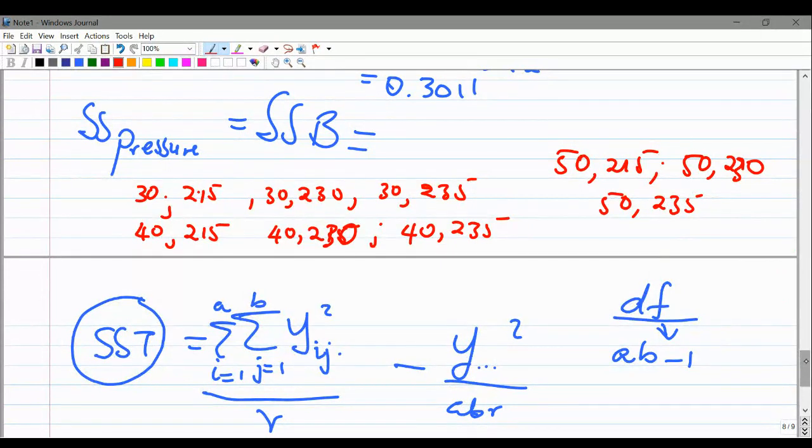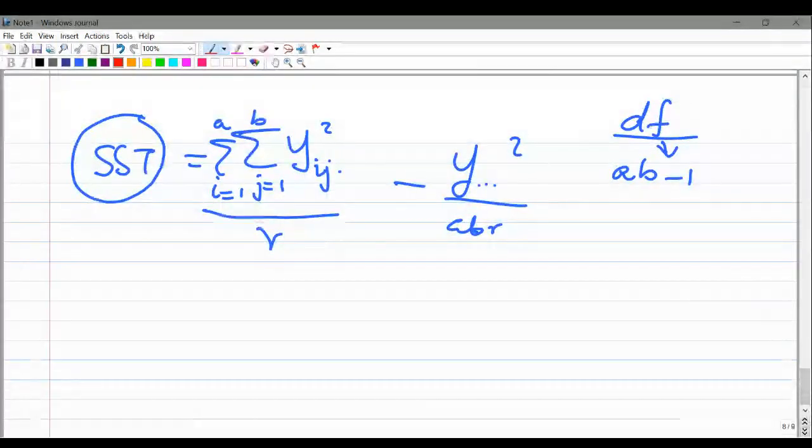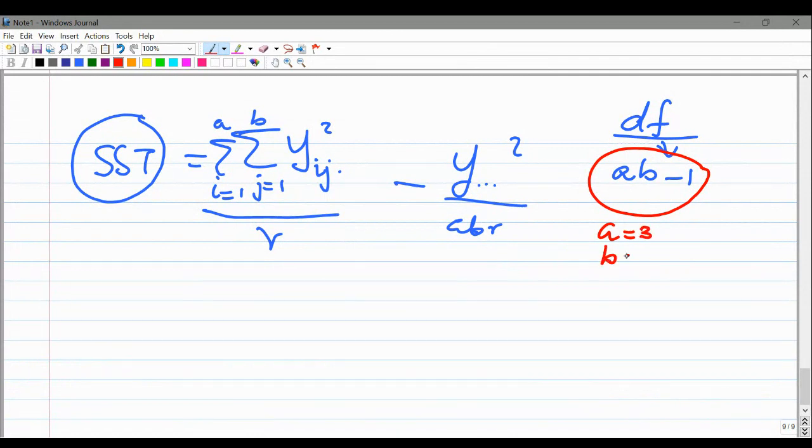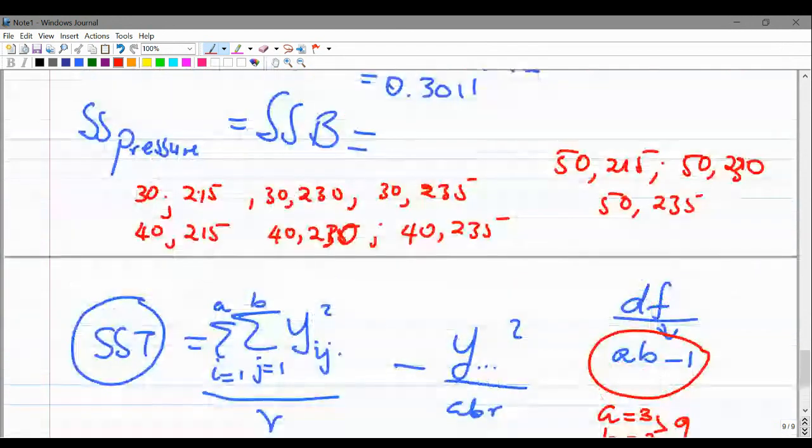Let's check with our degrees of freedom here. What is our A? Our A is equal to 3. Our B is equal to 3. 3 multiplied by 3, we're getting 9, isn't it? 9 is from these combinations.